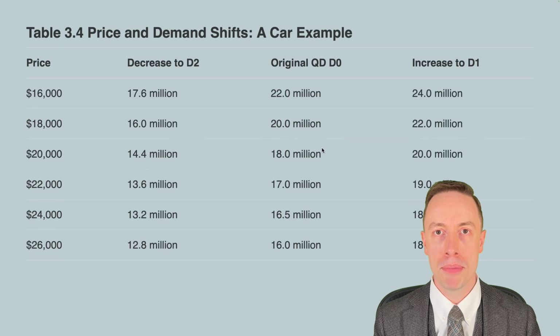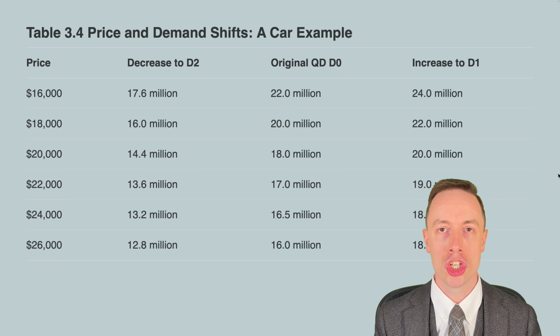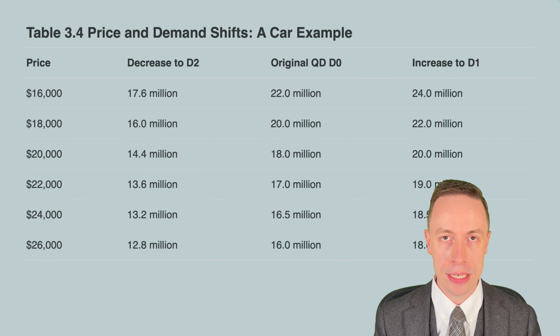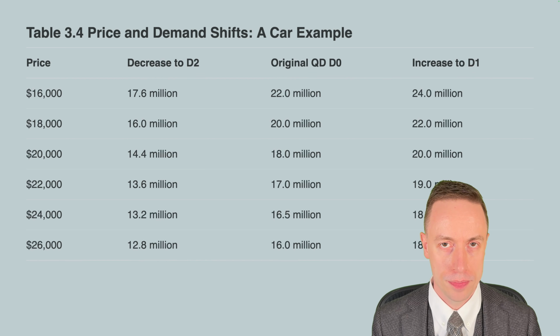But if at the same price point, let's stick with the $20,000 example, we have an increase in how many cars are bought or a decrease, that requires us to make a whole new column here. Those are what we refer to as changes in the demand for the product. Increases if there's more, decreases if there's less.